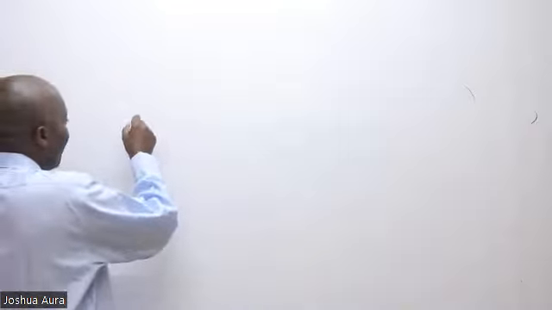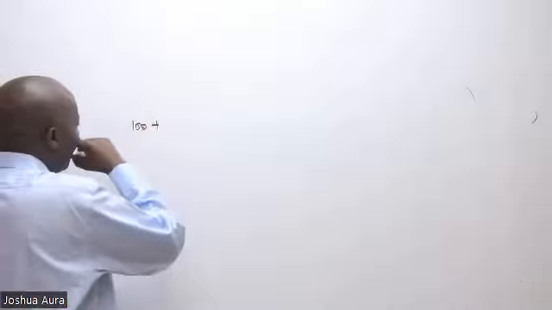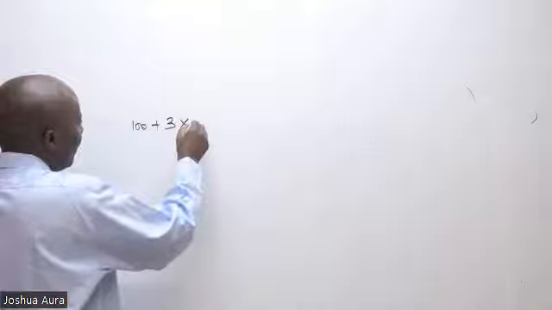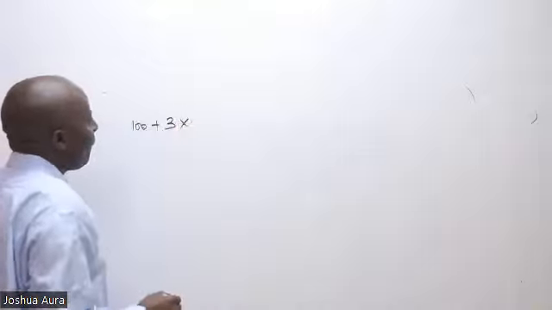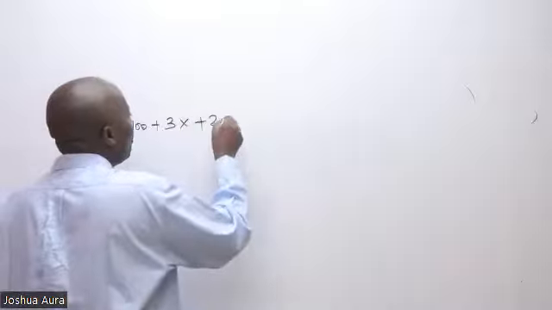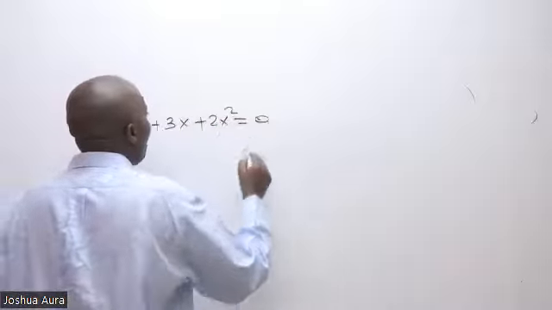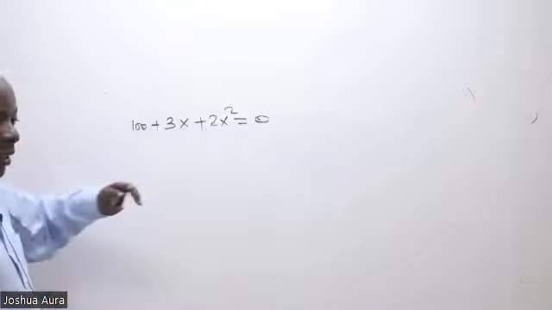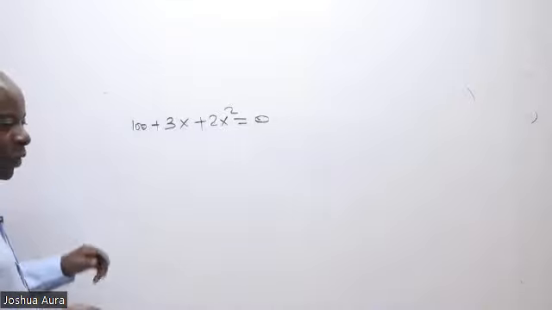So you're given something like, say, 100 plus 3x, plus, say, 2x squared equals 0. This is an equality, so they would want you to go ahead and solve for what here?